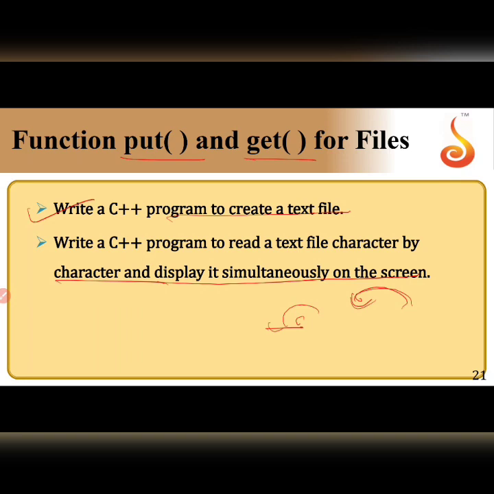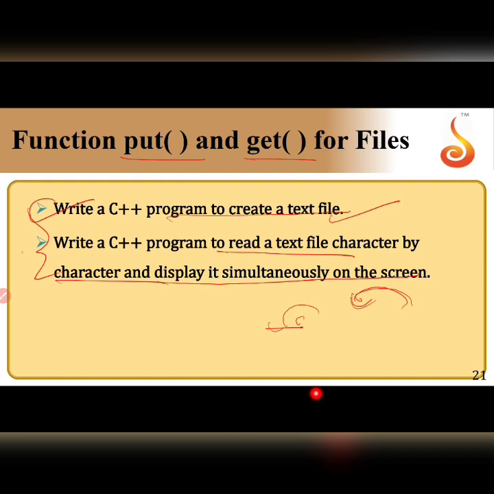So, what we can do is I will combine these two programs, that is first I will create a text file and then I will close it. I will open the same text file in the read mode and read whatever you have written here and print it on the screen. Character by character I will read it and I will print it on the screen.